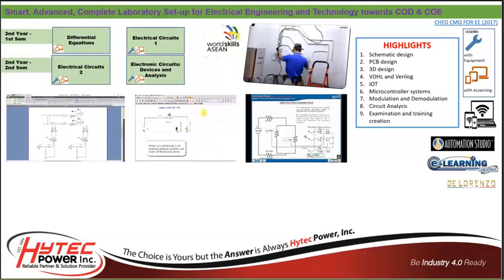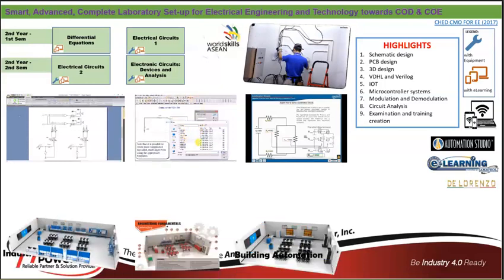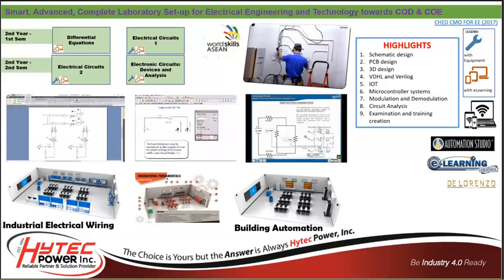We also have learning solutions in line with the requirements of the World Skills ASEAN competition for electrical installation, especially the KNX technology. So again, we have a complete laboratory setup for such with equivalent hardware.